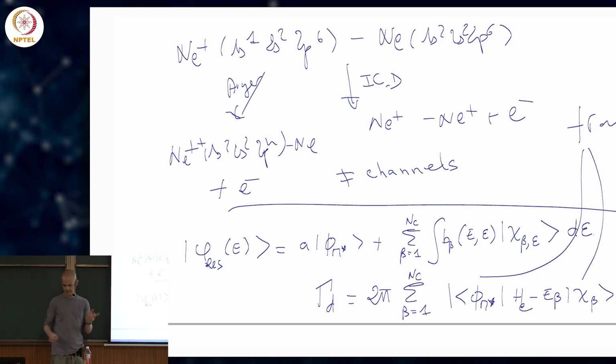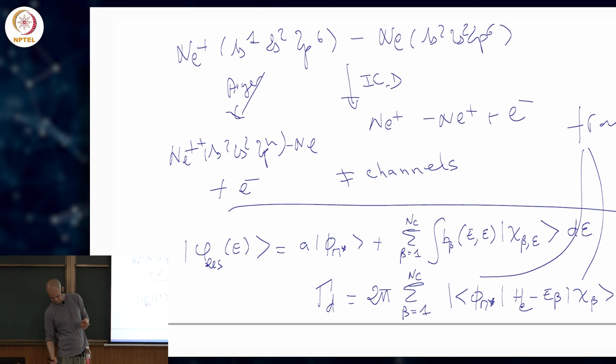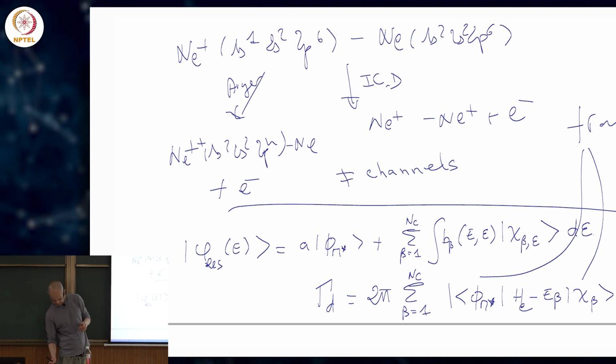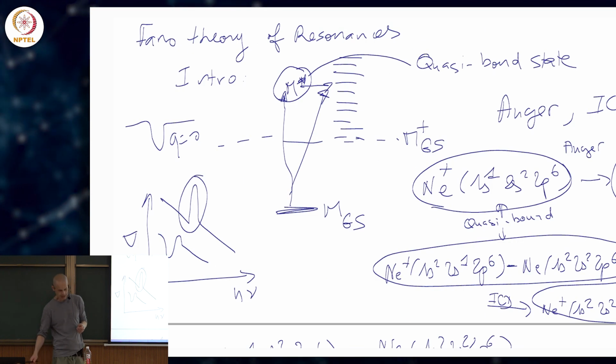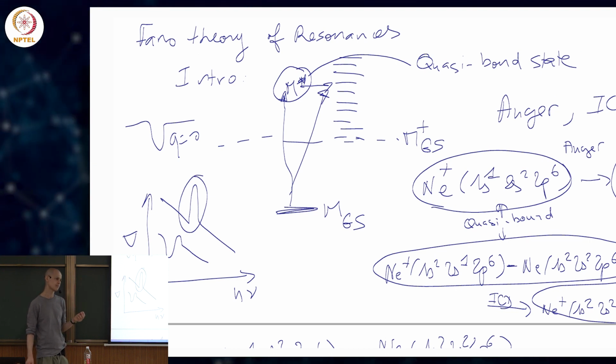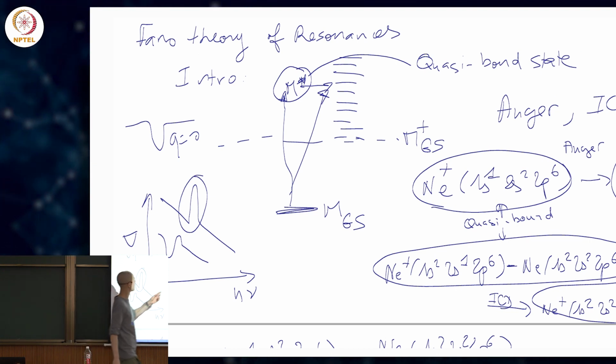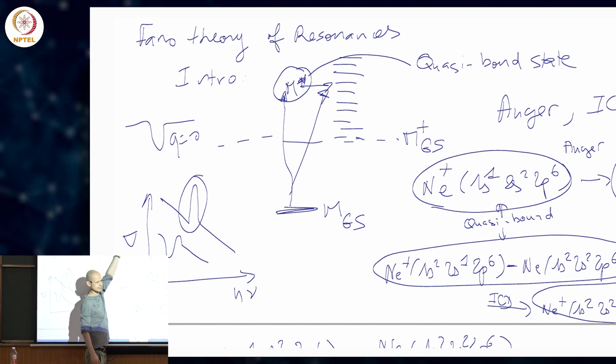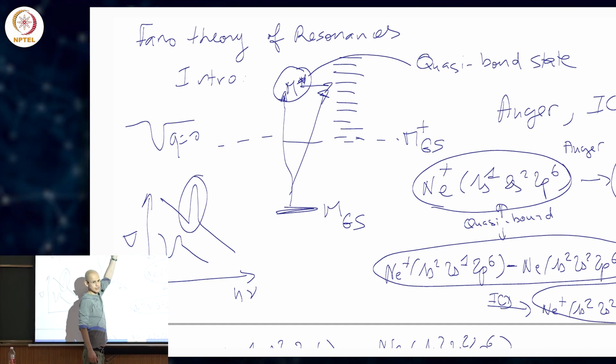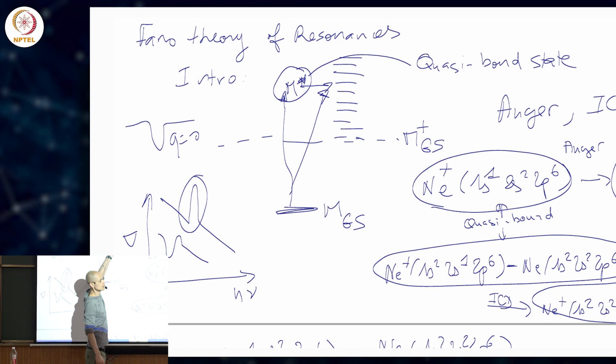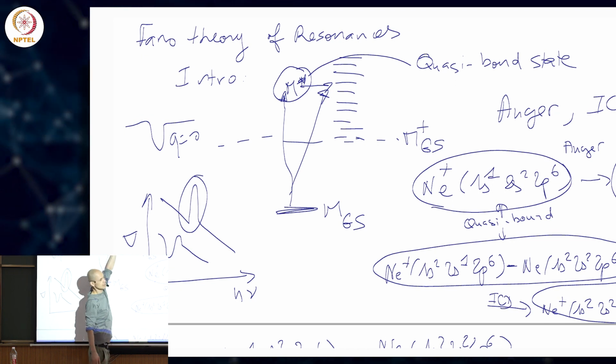Something you can see is that I told you the continuum and the quasi-bond part should have the same energy, right? Because you need to conserve the energy. If you're here, you cannot go here. You have to get the same energy.